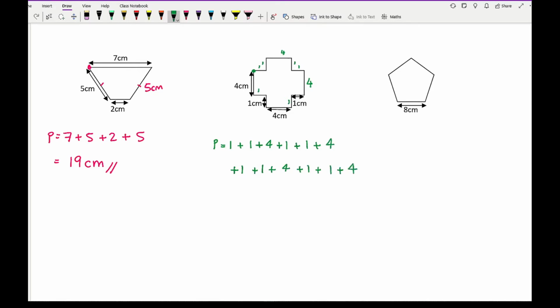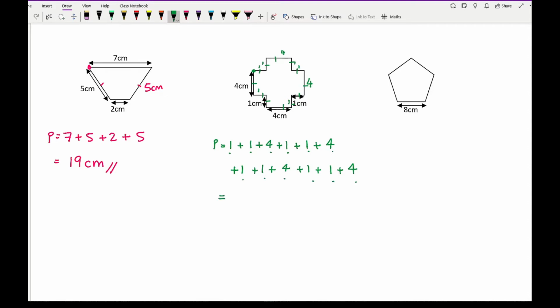Now just to double check I've included all the right numbers, let's go: 1, 2, 3, 4, 5, 6, 7, 8, 9, 10, 11, 12. So I should have 12 numbers, and I do. So I've got all my sides done.